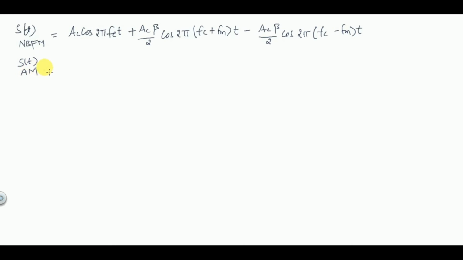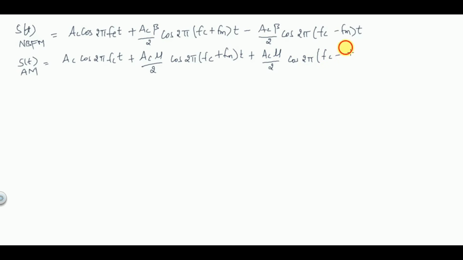In the AM concept also we have seen s of t of AM for single tone AM. Its formula is given by s of t is equal to Ac cos 2 pi fct plus Ac mu by 2 cos 2 pi, so mu is called as modulation index in AM, fc plus fm into t plus Ac mu by 2 cos 2 pi into fc minus fm into t. Okay, so both are looking same, yes or no?